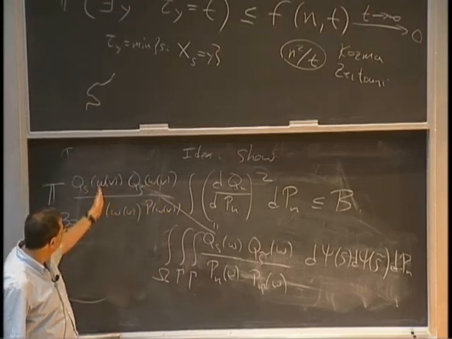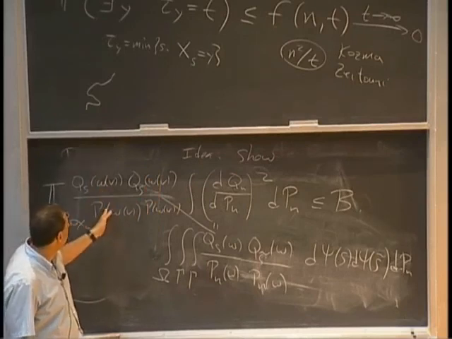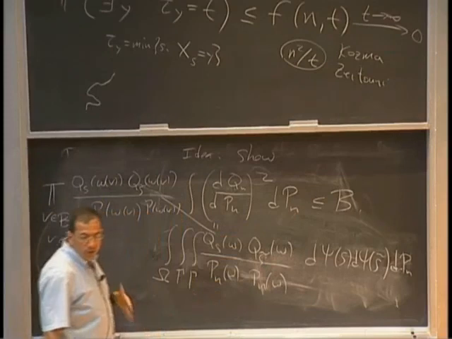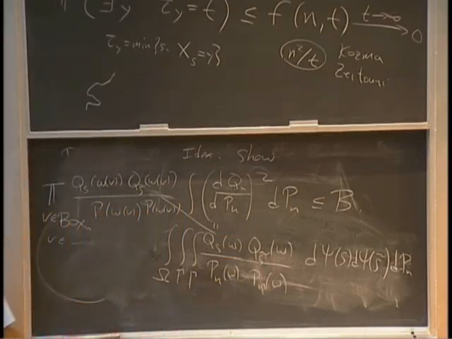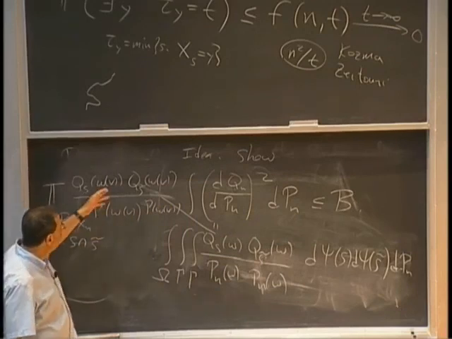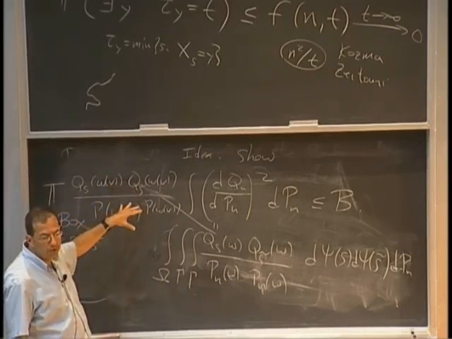So we just get this factor, and this will integrate to 1 because we're integrating q over p with respect to p. So really the only vertices that matter are those in S intersecting S tilde, and there you get the L2 norm of nu over mu.